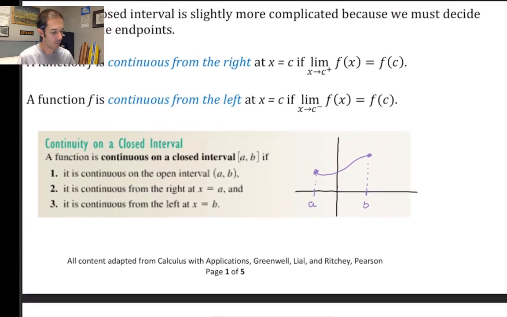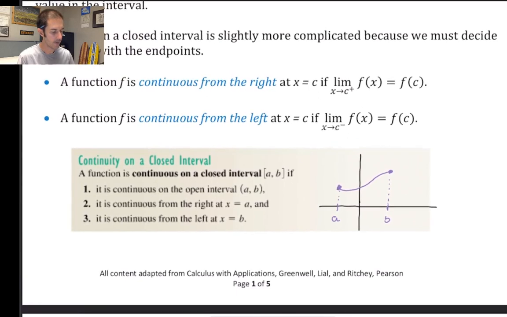And so in order to be able to say that a function on a closed interval is continuous, then in addition to the function needing to be continuous at all of the x values between a and b, we also need to satisfy these two conditions.